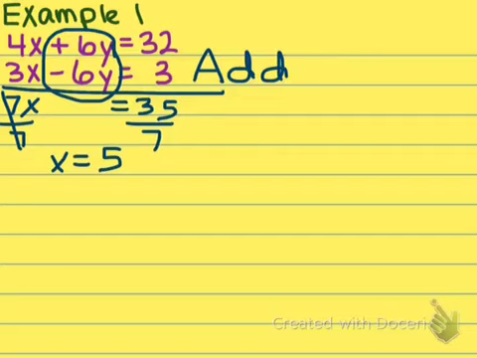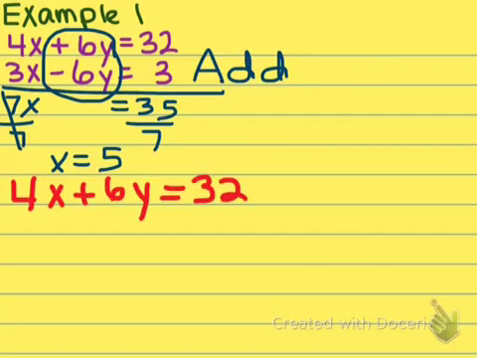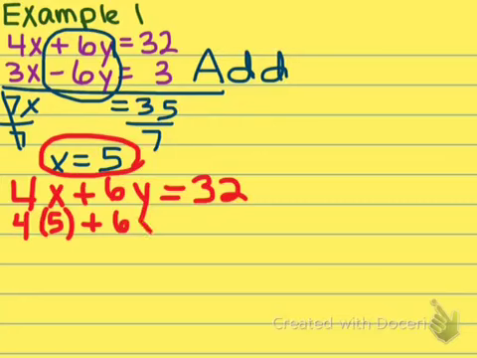I'm just going to pick the first equation, 4x plus 6y equals 32, and I am going to take this x, and instead of writing x in this problem, I'm going to write 5. So I have substituted that value back in.